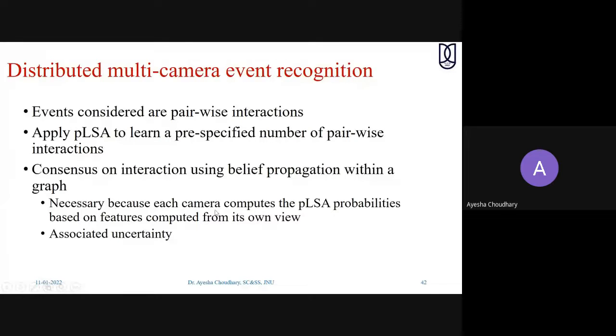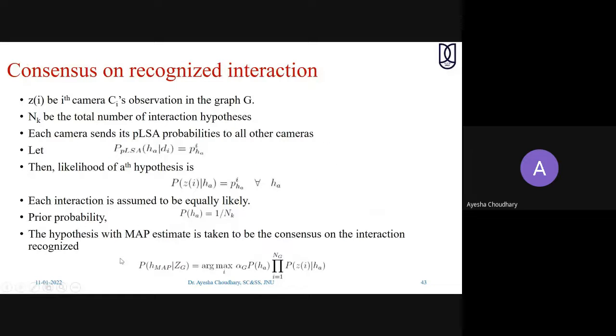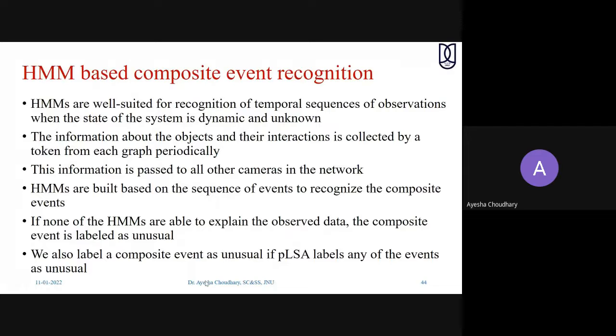This is necessary because each camera will compute PLSA probabilities based on the features that it has seen, and therefore there is an associated uncertainty with it. So then, using these PLSA probabilities, we come up with a MAP estimate, which we say is the belief of the system. And then we use hidden Markov model using these PLSA probabilities to be able to come up with the complete event that has happened.